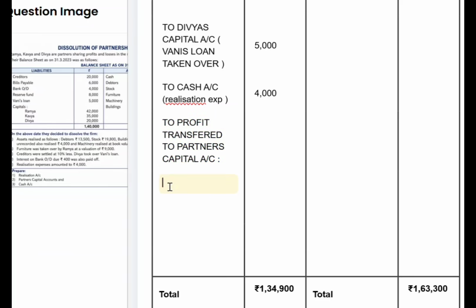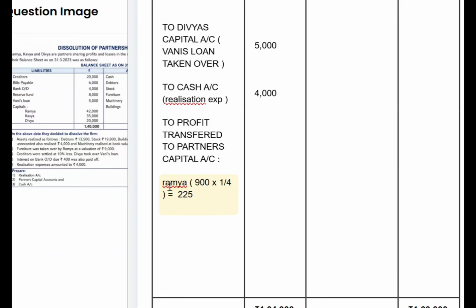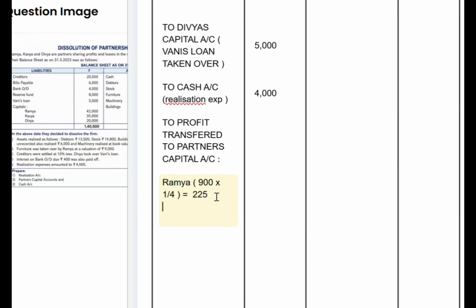The profit will be rupees 900 that will be transferred to all the three partners. Ramya's share will be 900 into the ratio 1/4, that will be 225.